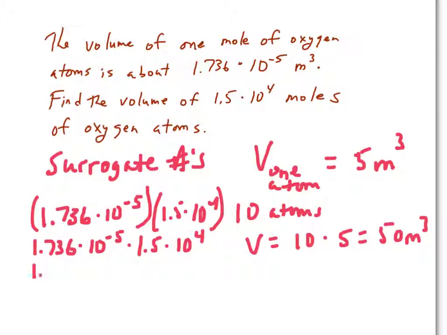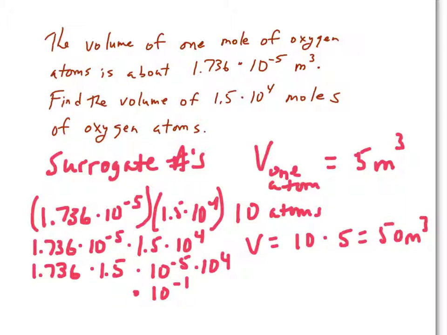So I'm going to multiply 1.736 times 1.5, and I'm going to multiply 10 to the negative fifth times 10 to the fourth. Now if we add those exponents, negative 5 plus 4 is 10 to the negative first. And again, now I've got to do a little work up here. I've got to multiply 1.736 by 1.5.